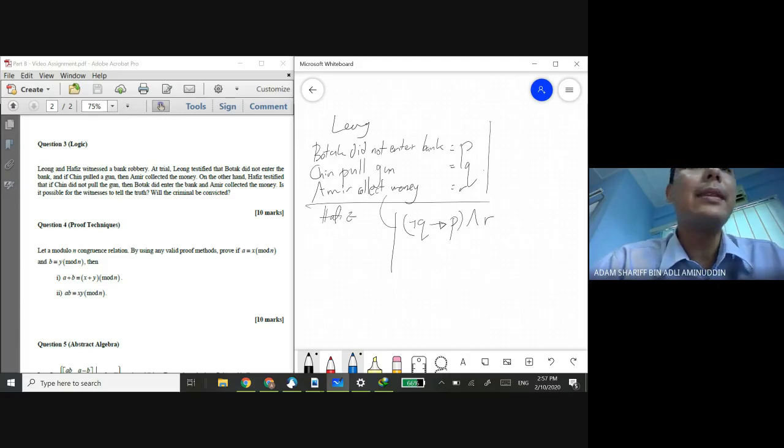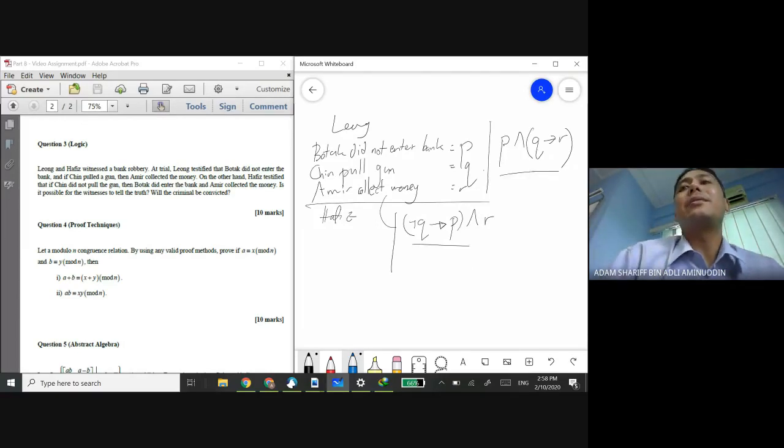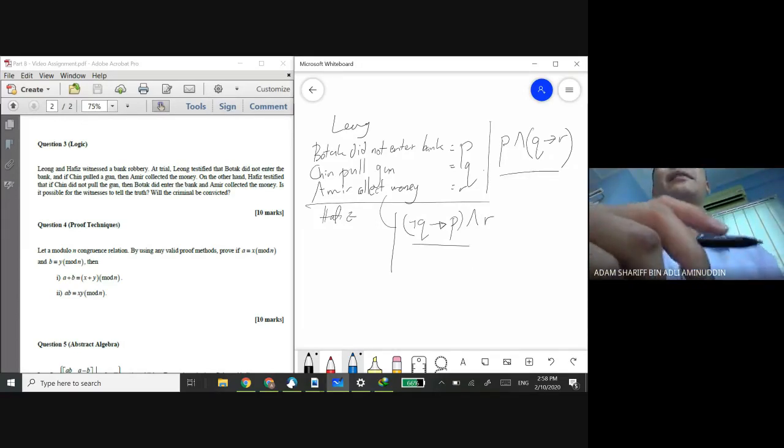Hafiz's statement is this. I really want to say that Botak did not enter the bank, and if Chin pulled the gun, then Ame collected the money. Okay. This question is good, original from mine. Okay.